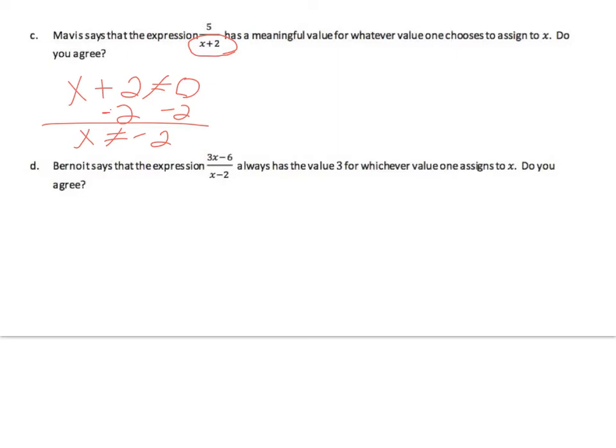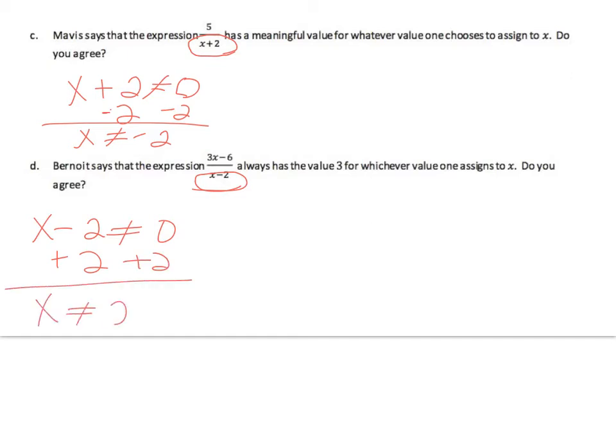Because if I put in a 2 for x, that gives me an undefined equation, right? So I cannot have the value 2 as part of my solution. But anything else I put in for x will give me the value of 3.